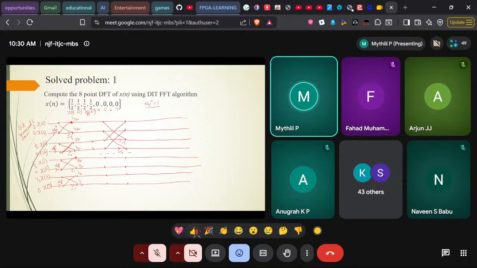Before doing that, we need to multiply with W8 of 0 and W8 of 2. W8 of 2 is minus J. Okay, so minus J. So multiply J.